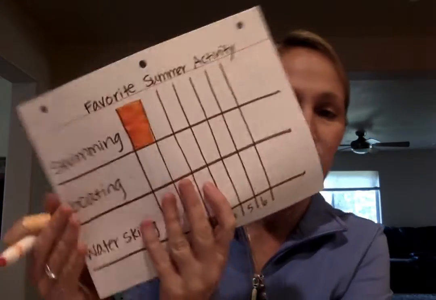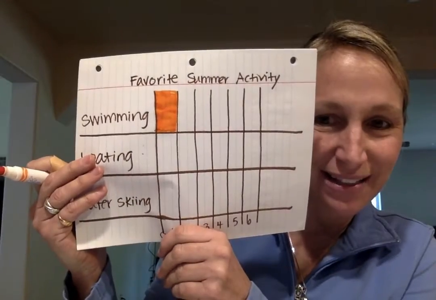And mine's, of course, a little bit bigger, so it's taking a little bit longer. But when somebody answered swimming was their favorite, I would shade it in like that. What's your favorite? Oh, water skiing. Excellent. And so you would ask as many people as you have in your household which of those three were their favorite.